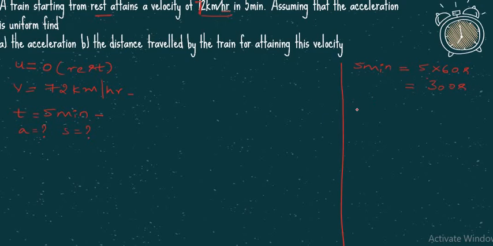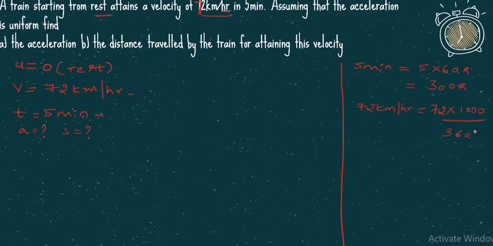And what else do I need to convert? I need to convert 72 kilometer per hour to meter per second, right? So I will take 72 into, what is 1 kilometer in terms of meter? It is 1000 meters divided by hour. What is an hour in terms of seconds?